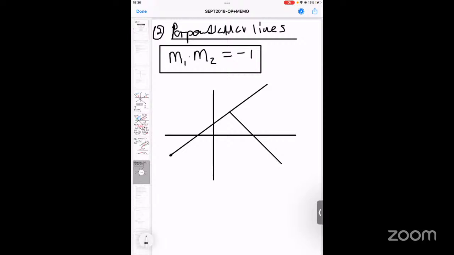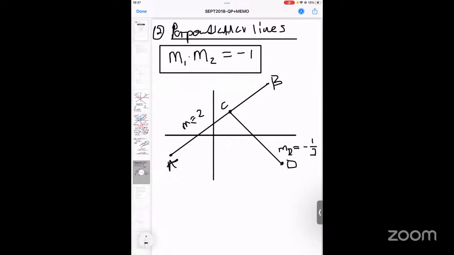Let's say this is line AB, this is line CD. So if, for example, the gradient of this line, let's say it is 2, it obviously has to be a positive gradient. And then for gradient 2, the gradient maybe is -1/2.